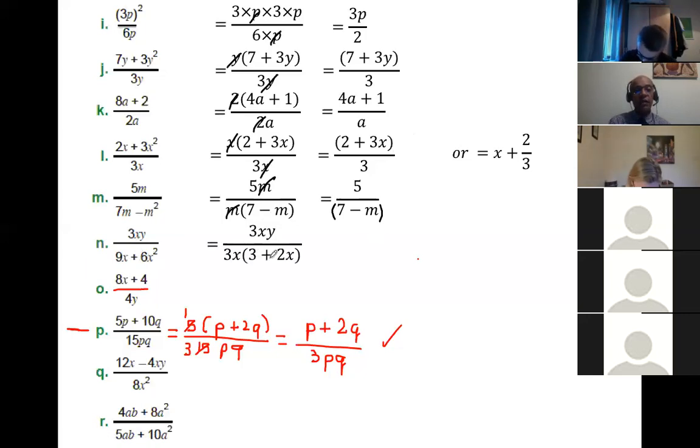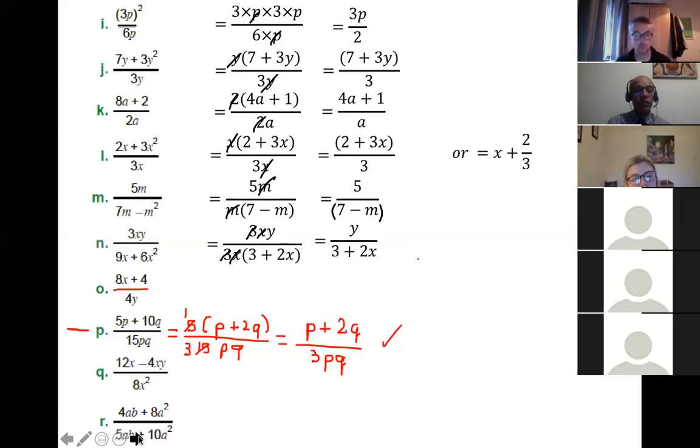So 3x times 3 plus 2x, because 3 times 3 is 9x and 3 times 2x is 6x squared. Now I can simplify 3 and 3, and x and x. And we've got our final answer: y divided by 3 plus 2x. Again, you could put the bracket if you want. You don't get penalized for that.